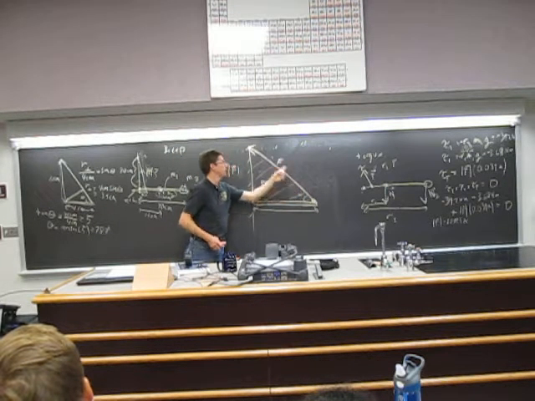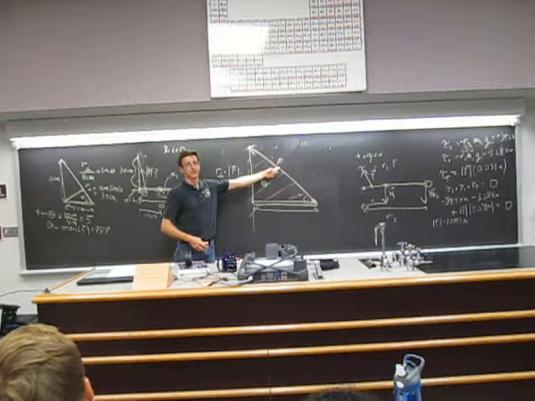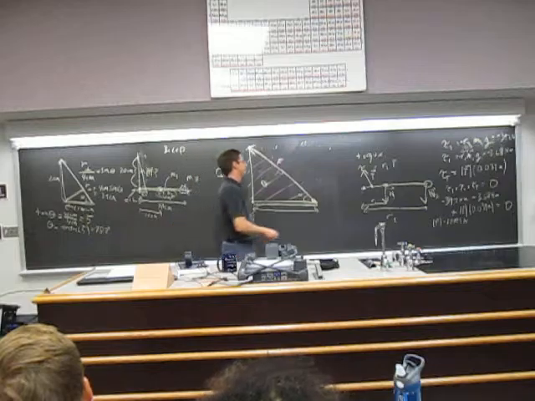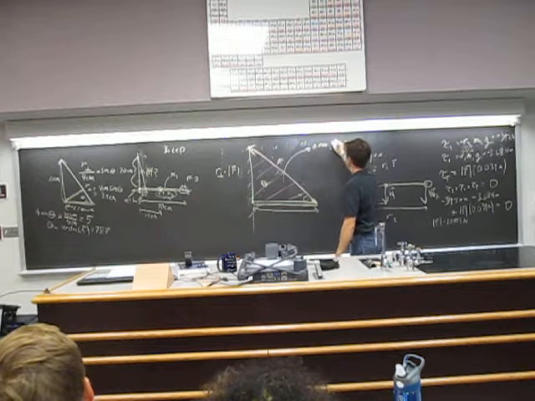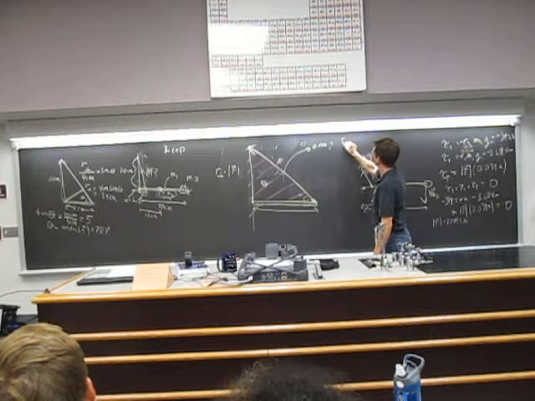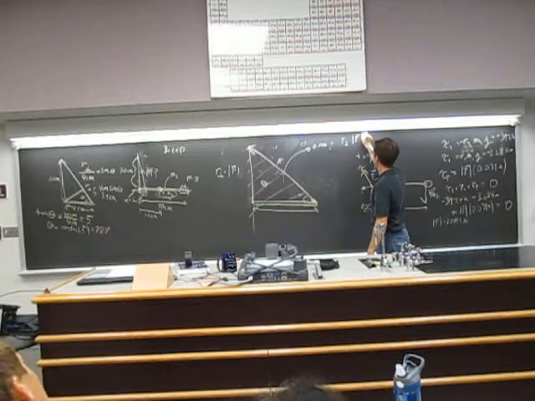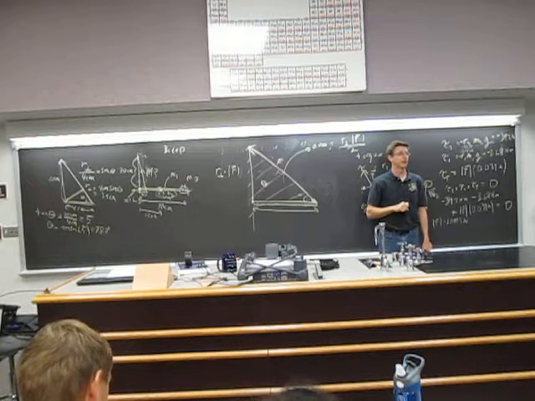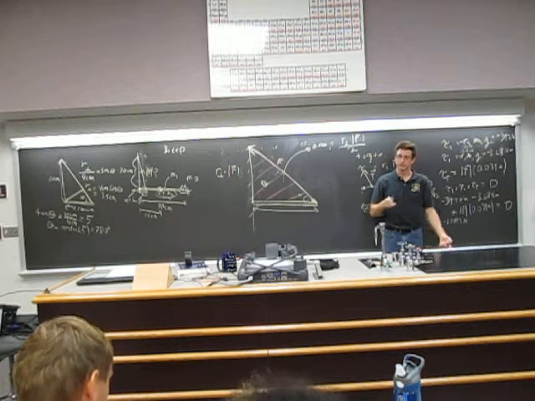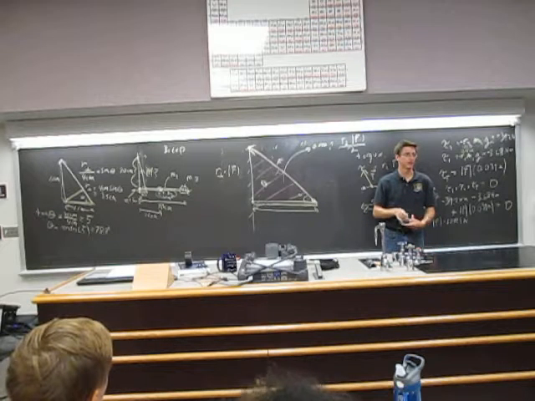The width of this triangle is F. So this area is equal to R perpendicular F divided by 2, because the area of a triangle is base times height divided by 2.